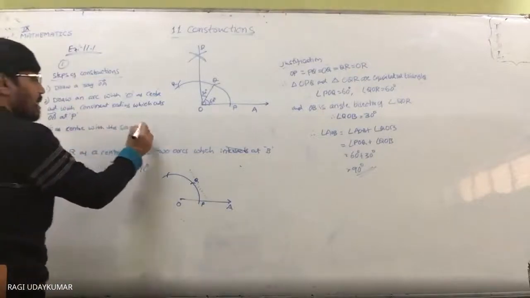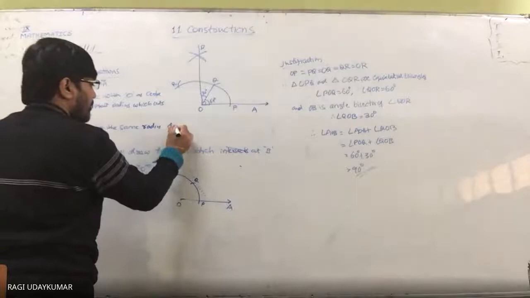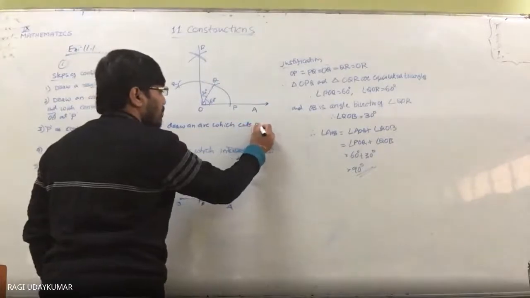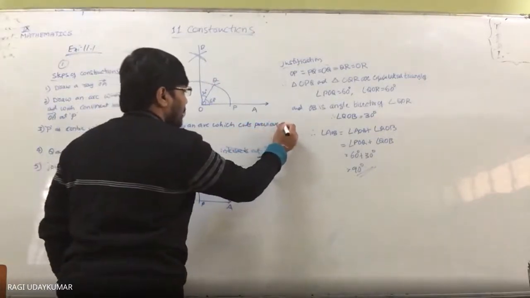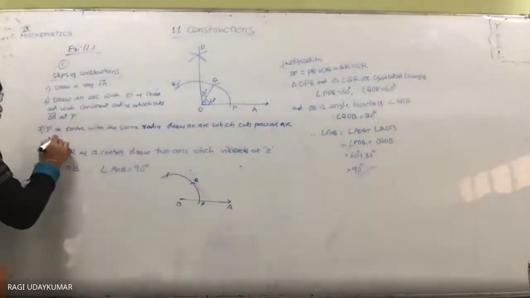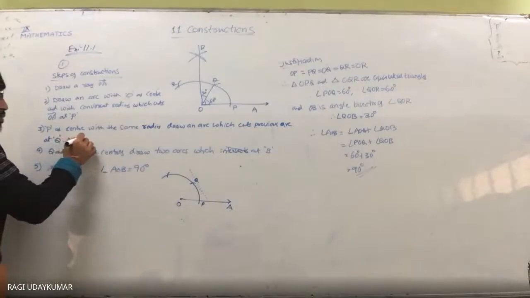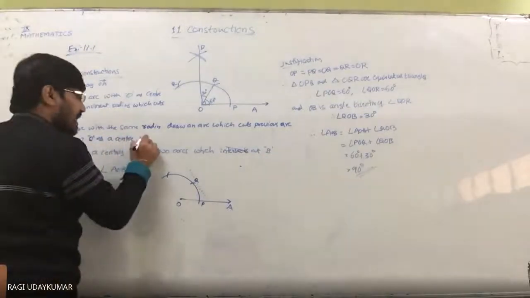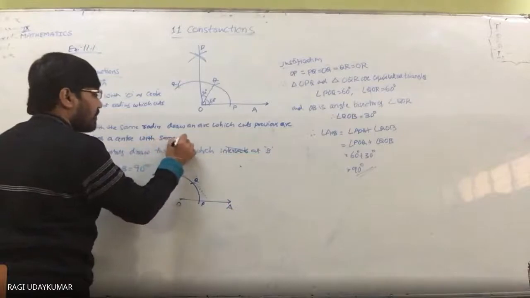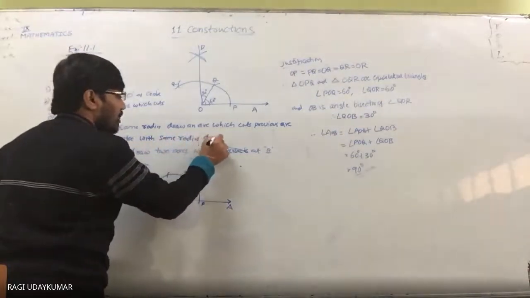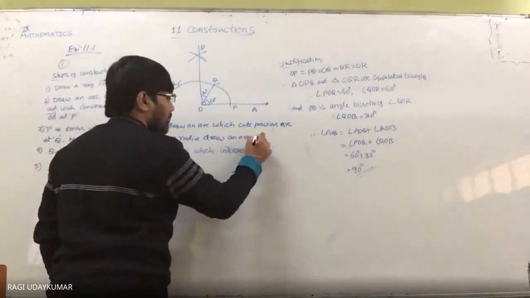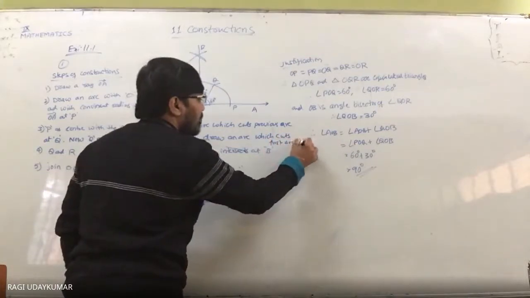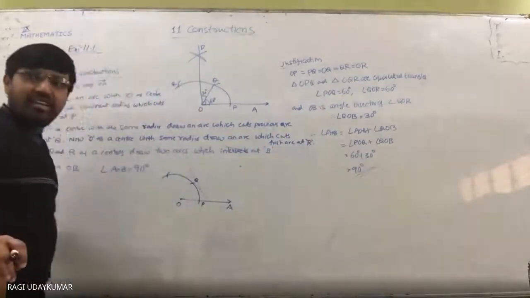So P as a center with the same radius, draw an arc which cuts previous arc at Q. Now Q as a center with same radius, draw an arc which cuts first arc at R, like this. Sorry. Okay.